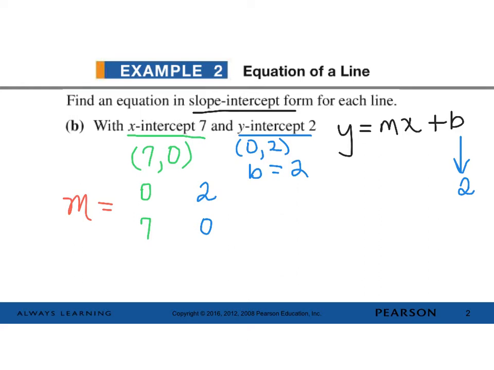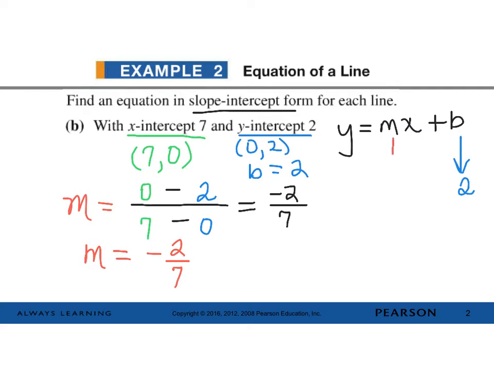And we recall that the slope is actually a quotient of those two differences. So that means then that our slope is going to be -2, and 7 minus 0 is 7. So our slope, m, is -2 over 7.